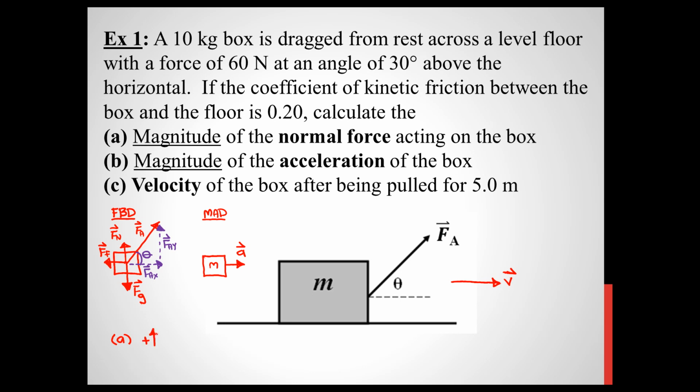We'll say up is positive, and I want to find the sum of the forces acting on the object in the y direction. Now, if you look at the mass acceleration diagram, there is no acceleration vertically. In fact, there is no motion vertically. The mass is just being dragged horizontally along the ground. If there is no motion or no acceleration vertically, then that means the sum of the forces in the y direction is 0, which means these forces are balanced.